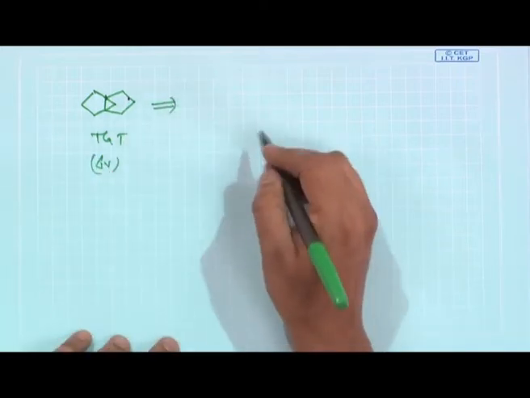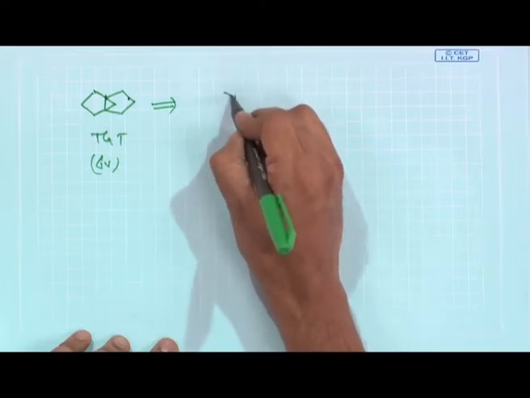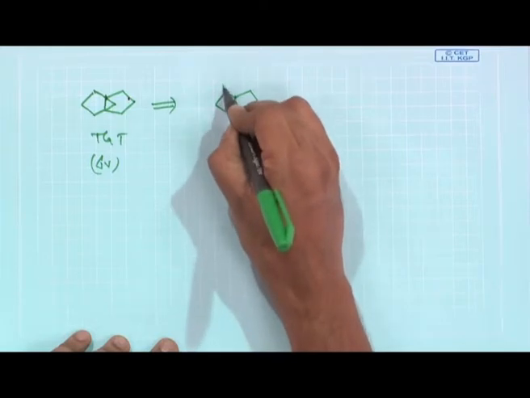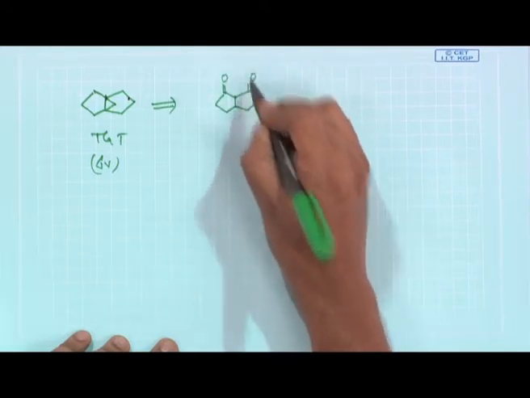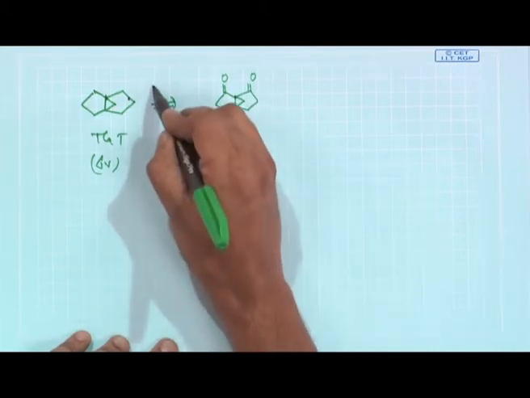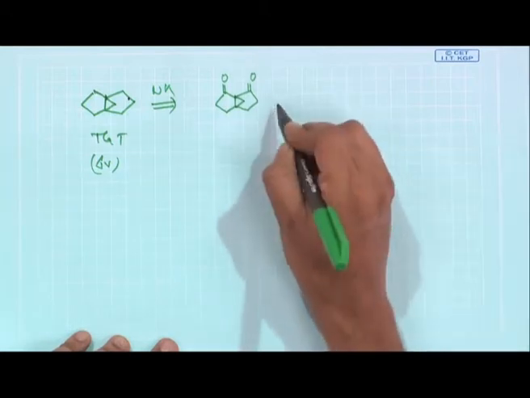The retro which I am now doing here: initially, if you have this carbonyl compound, you can do a double Wolff-Kishner reduction with the help of this redundant functionality. Fine.